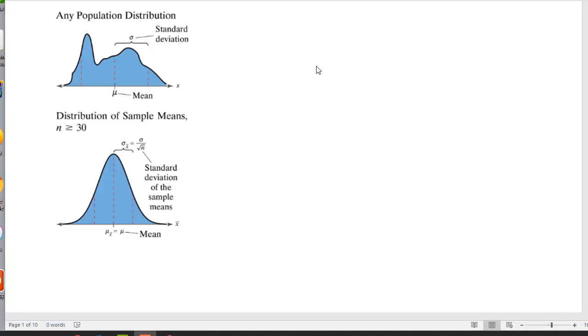So in every textbook, we're going to see something similar to this, that for any shape population, my distribution of sample means will also be normal. Now, technically, mathematically speaking, in order to guarantee that the distribution of sample means is normal from a non-normal population, we need sample sizes that I will say are large.